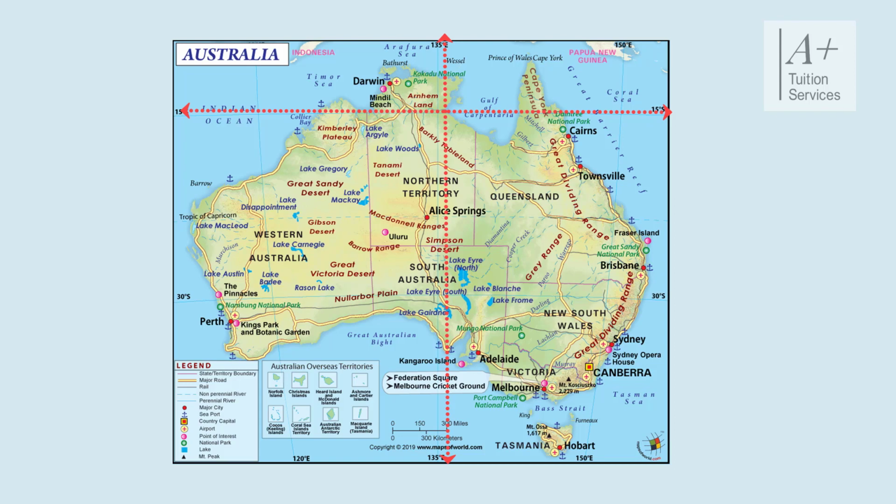So it goes 15, then 30, right? So the next line will be 45, then 60 and so forth. It will increase in lines of 15 degrees.